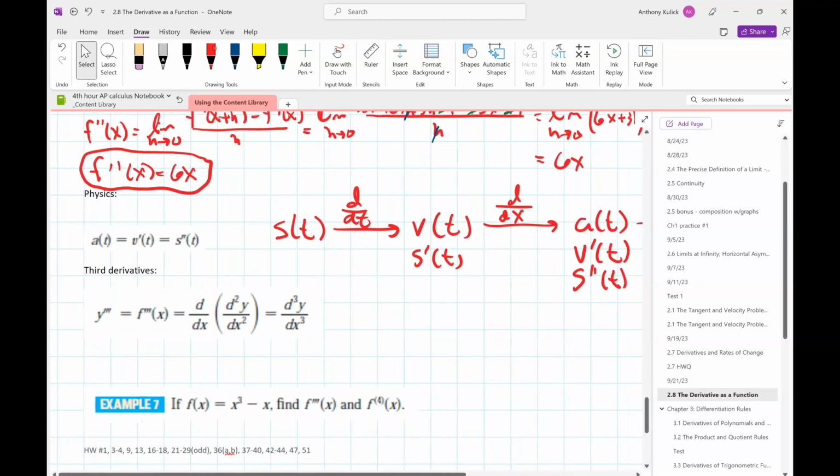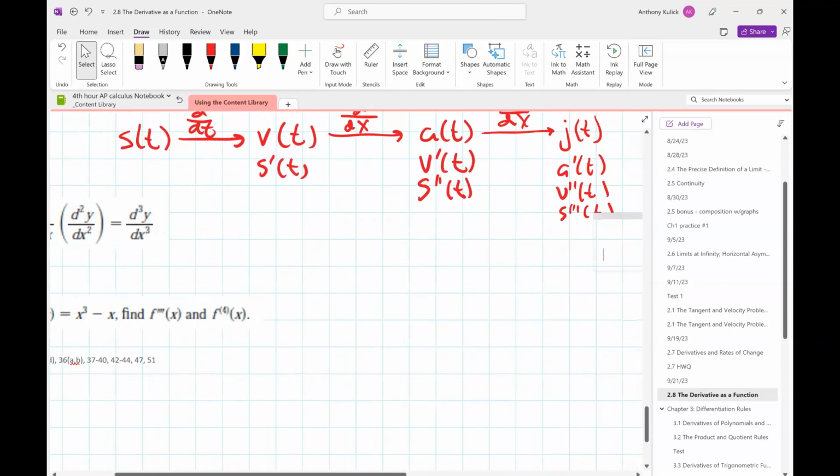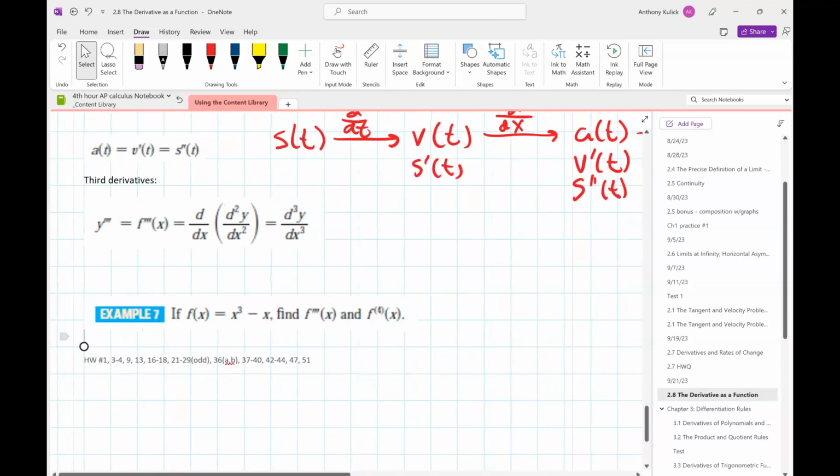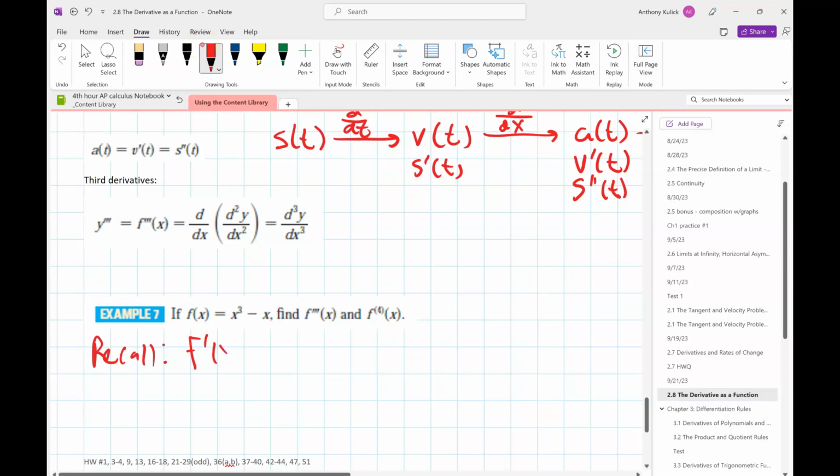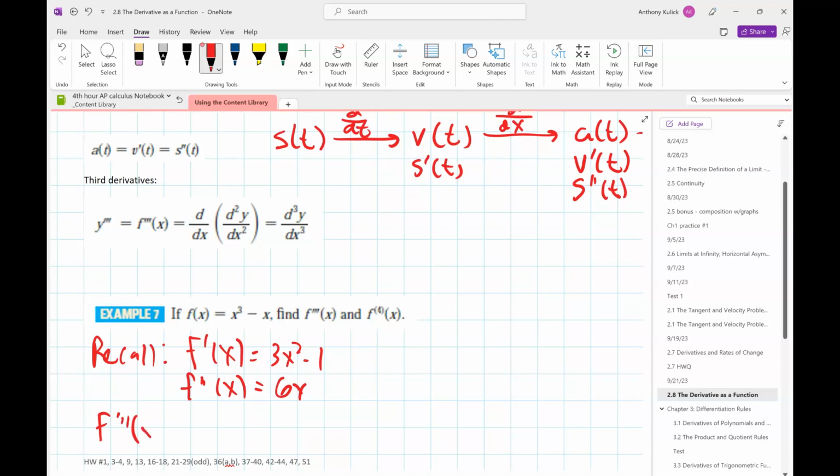All right, so we have third derivatives. Let's do the third derivative of that problem and the fourth derivative of this problem we just looked at. So recall, we already found that f prime of x was 3x squared minus 1, and that the second derivative was 6x. So let's find the third derivative.